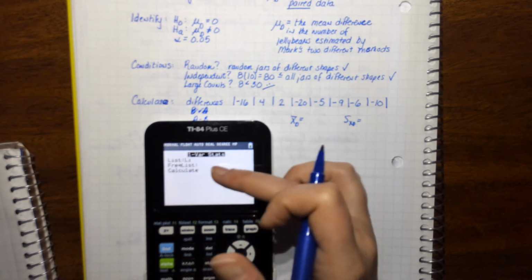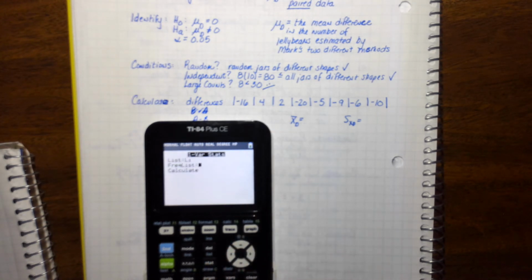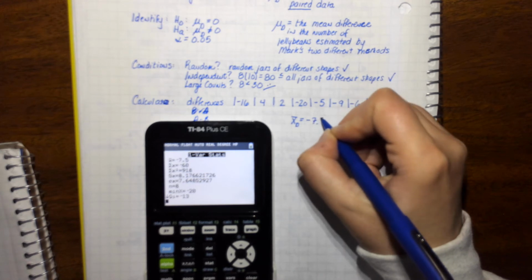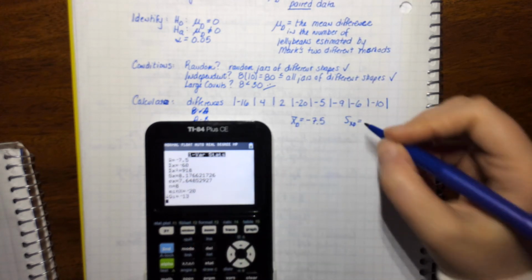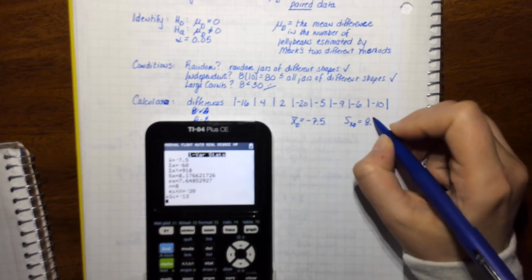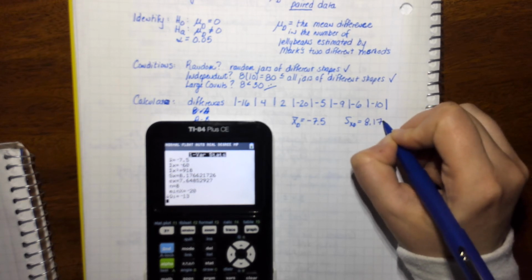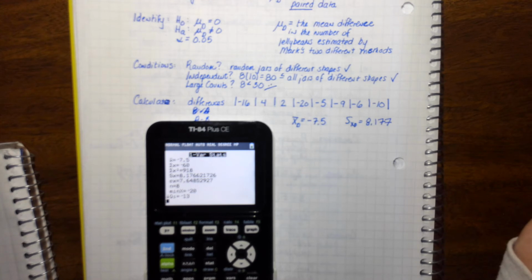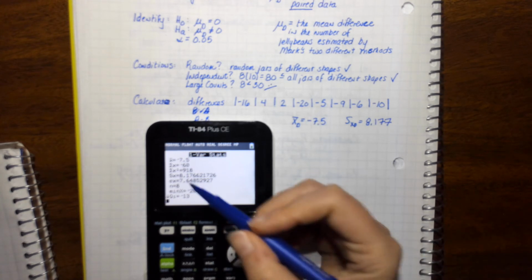I'm going to make sure there's nothing in my frequency list because I don't have anything in L2. Okay, so I have negative 7.5 and 8.177 for my mean and sample standard deviation.